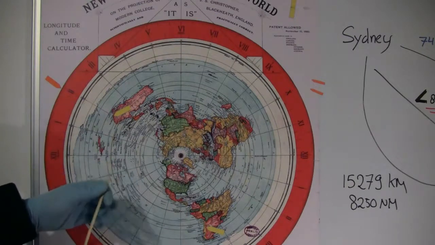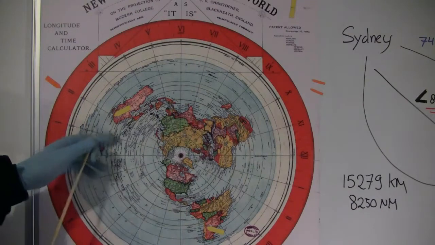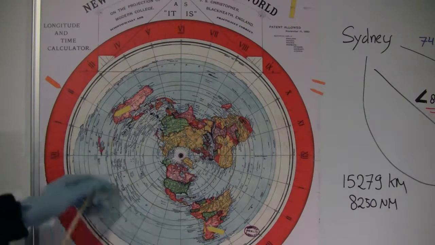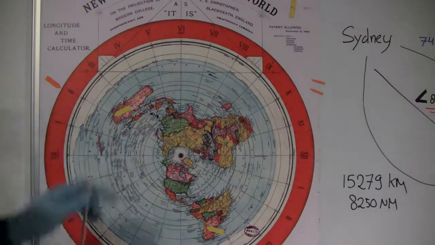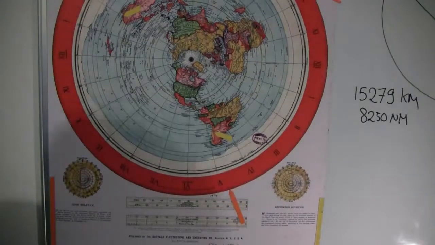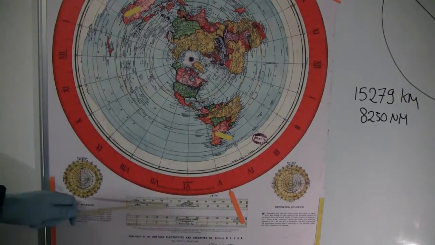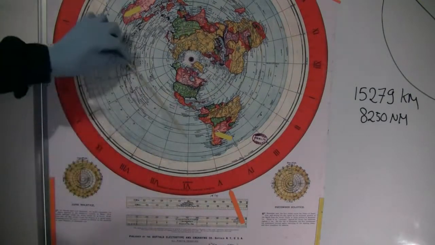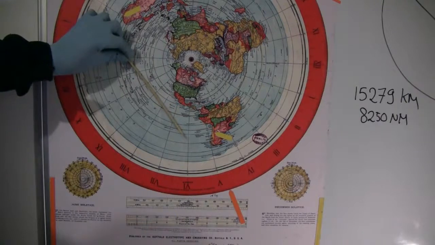It's a different ratio. You can only measure using the longitude or latitude lines. And like I said before, this is not a scale to measure from one place to another.